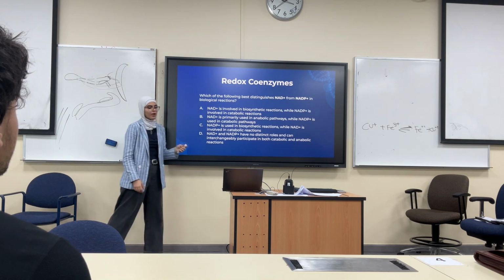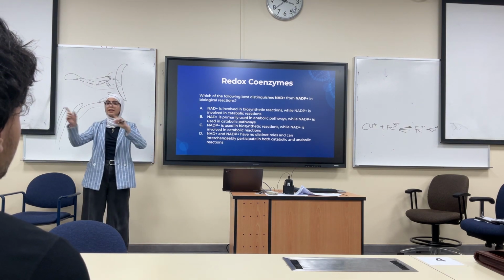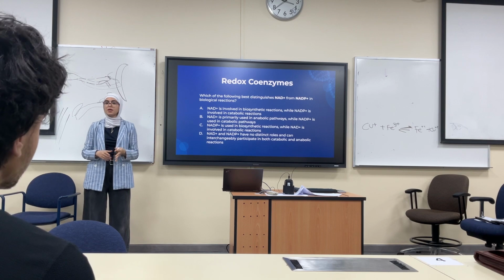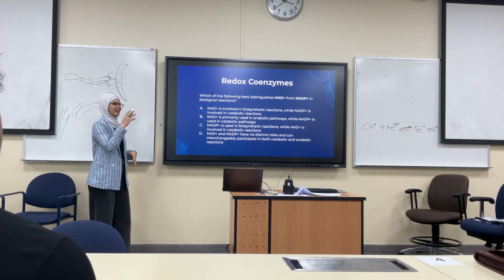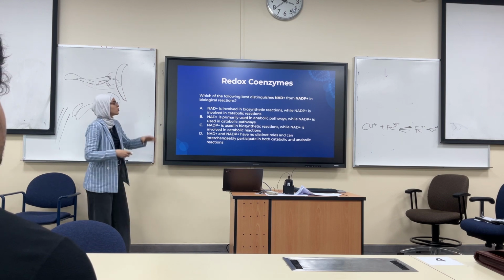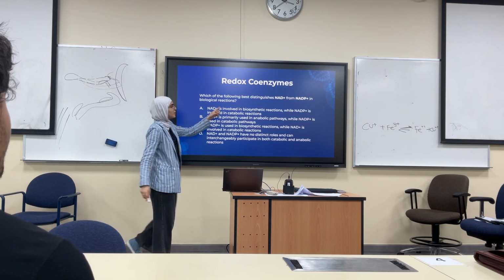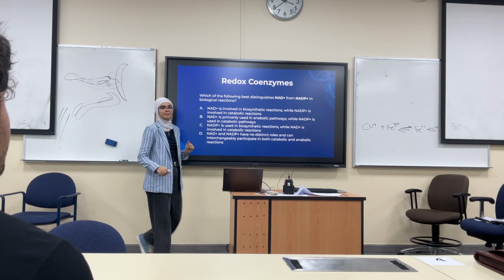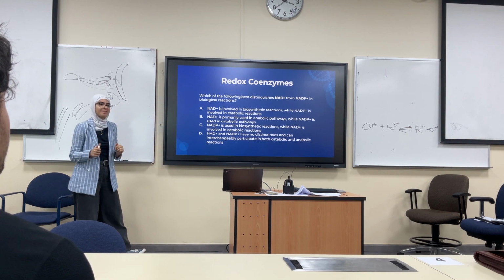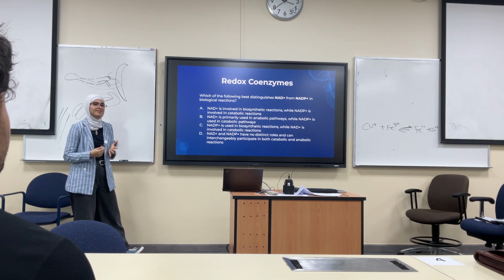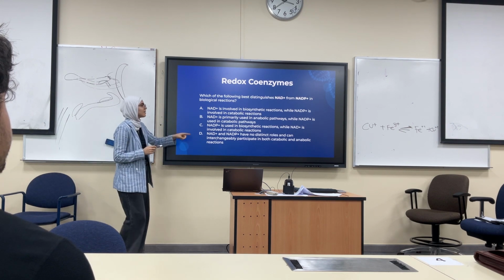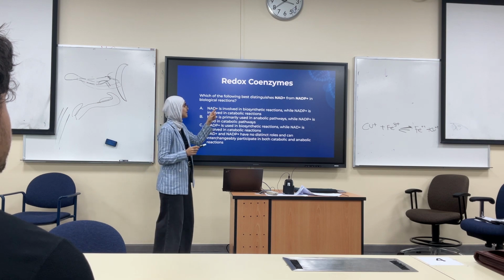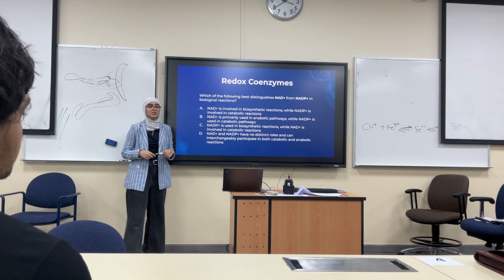Okay. Which of the following best distinguishes? Now, at the beginning we were talking about the different coenzymes. We said FADH2, FAD, NADP, NAD. So what is the distinguishing factor between NAD plus and NADP plus? Is it that NAD plus is involved in biosynthetic reactions and NADP is involved in catabolic reactions?